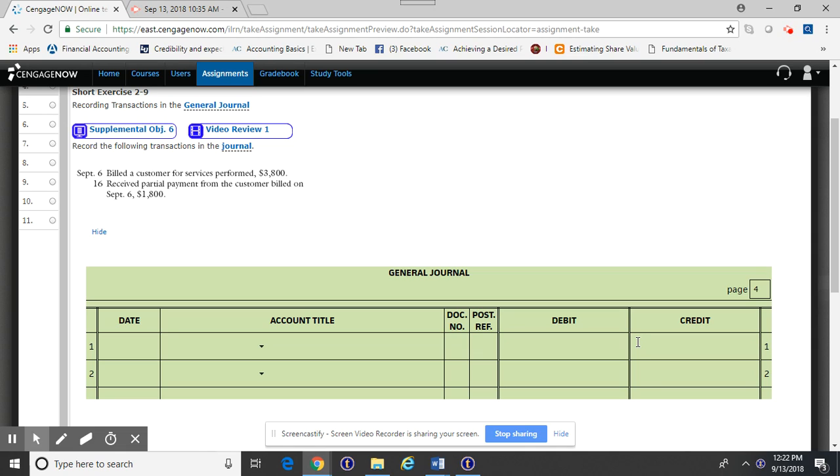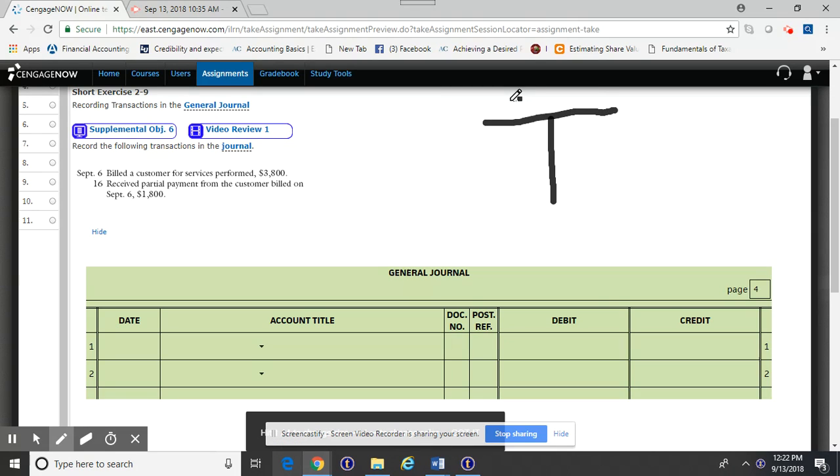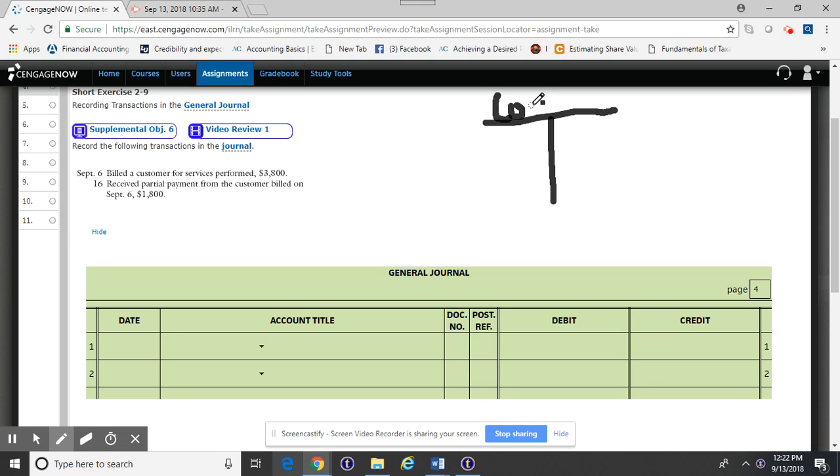So when we first start, when we have a transaction that occurs, so whether somebody buys something and they pay money, in these instances, we're talking about the company. So say the company buys a computer, we're going to record that transaction. That transaction is recorded in the T account. So we record it on a T account, and we have the account title listed here.